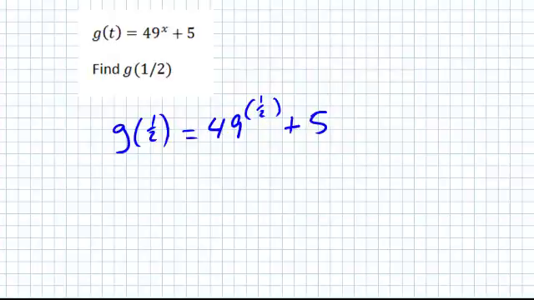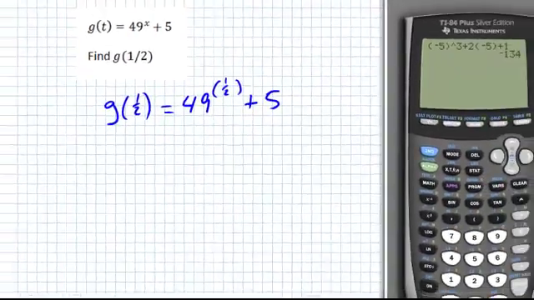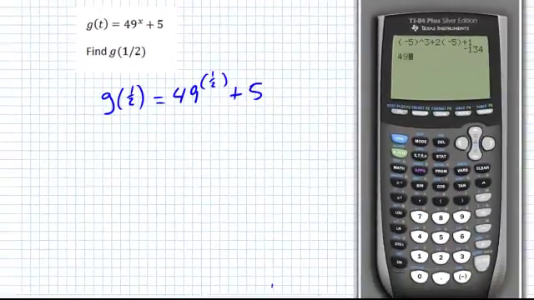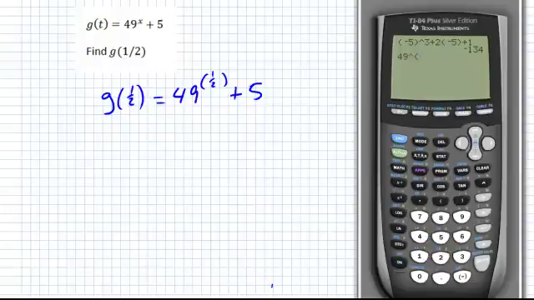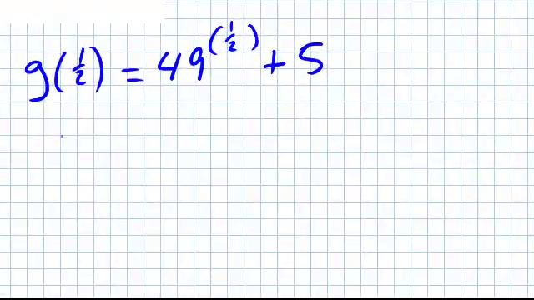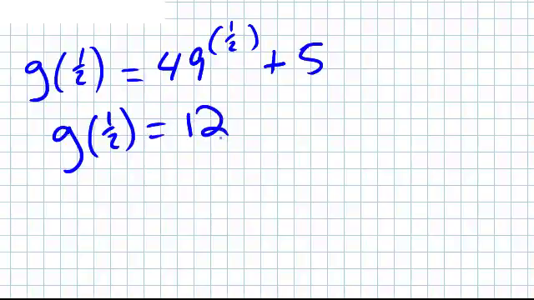So again, let's pull out our calculator, and we can say 49 raised to parentheses 1 divided by 2, plus 5. And it's 12. So g of 1/2 equals 12.